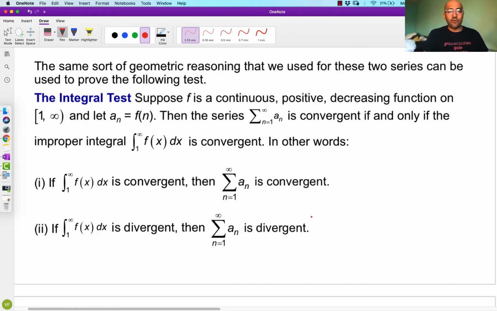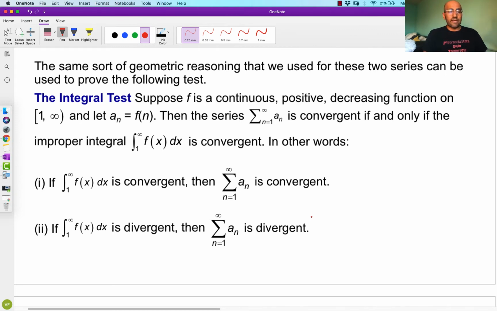We get the same value by plugging in the nth value into the function f of x as we do in our sequence. Then the series of a sub n, as n goes from 1 to infinity, is convergent if and only if the improper integral from 1 to infinity of f of x dx is also convergent.